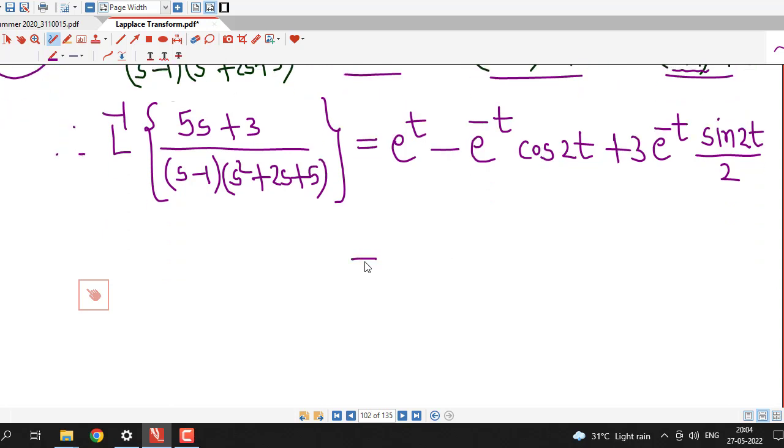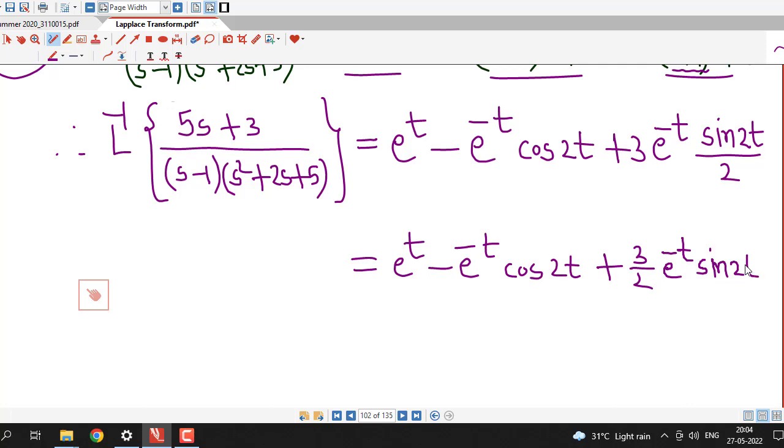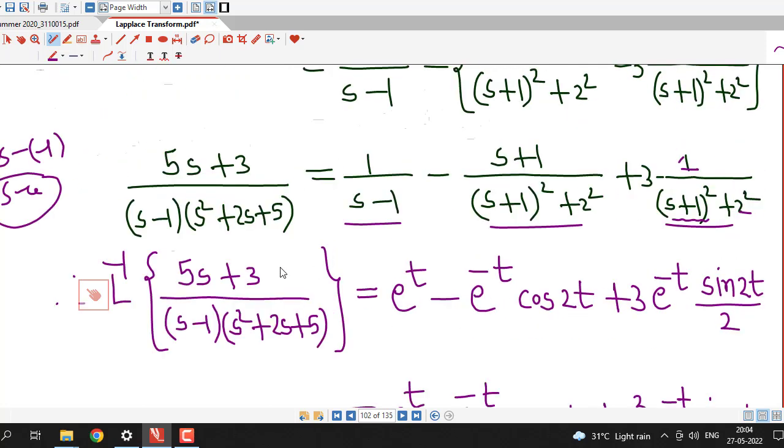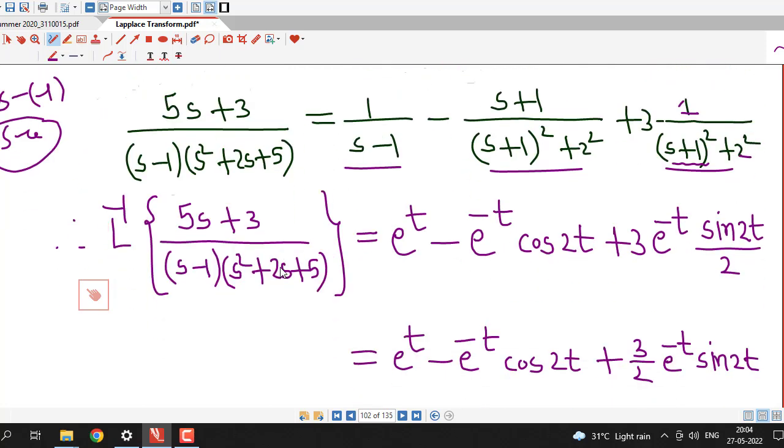We can rewrite this as e raised to t minus e raised to minus t cosine of 2t plus 3 by 2 e raised to minus t sin 2t. So in this way we can obtain the inverse Laplace transform of this type of proper rational function.